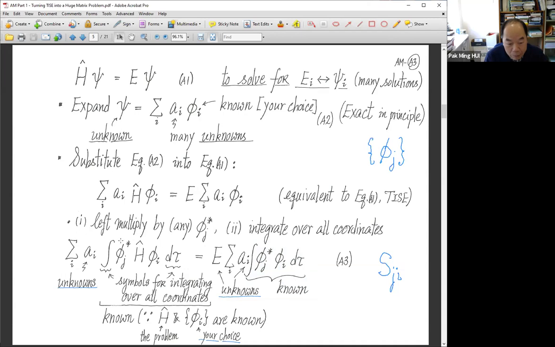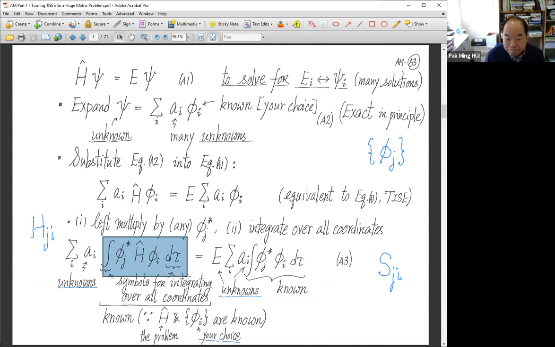Similarly, I'm going to call this integral, you see, you give me a problem H, I have a basis, I pick a j to the left and i on the right, do an integral, again two indices. Therefore, I'm going to call this H_ji.